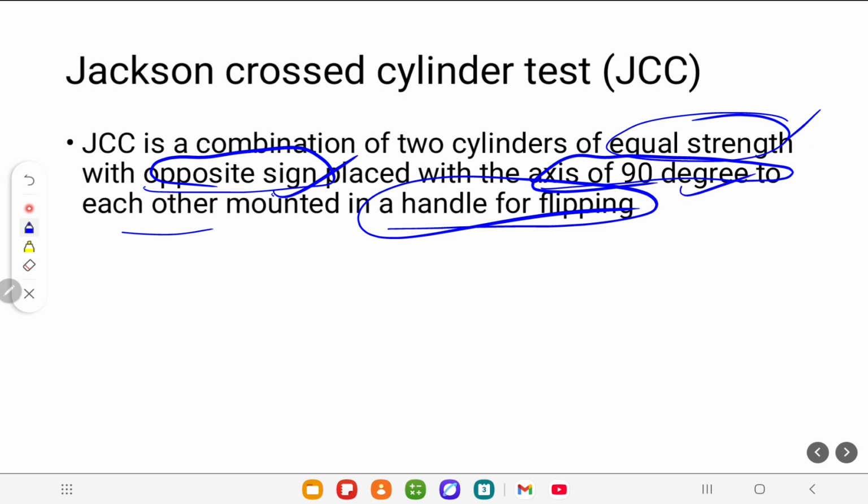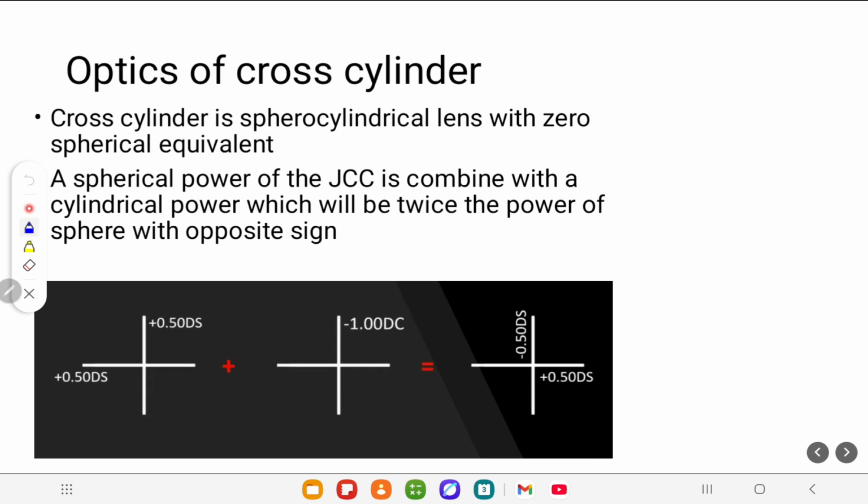Another thing: opposite sign on the opposite sides of the two surfaces. So it's very important to understand this concept. Sometimes you see such equations in your examinations. They give you the power of a Jackson cross cylinder and ask you to resolve it.